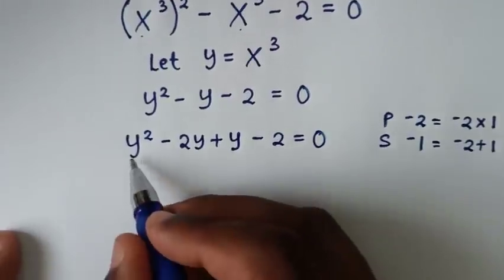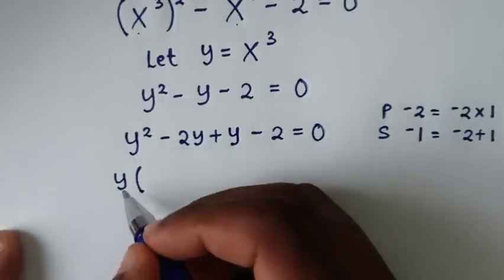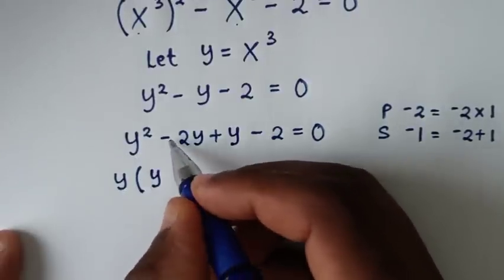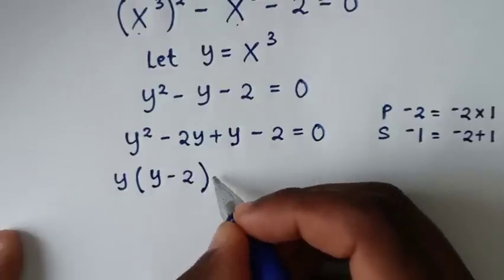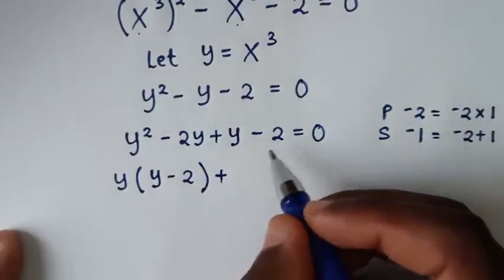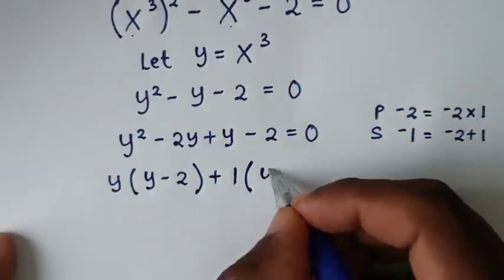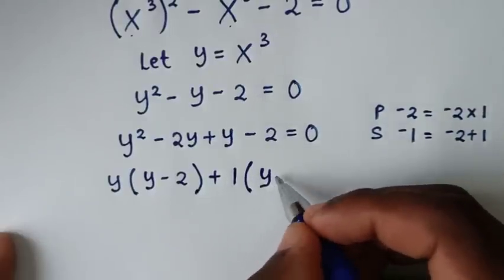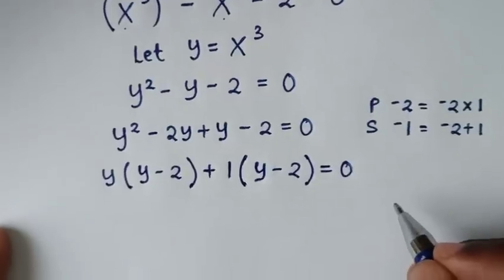Then in the next step, y is common, so we'll take y out of the bracket. y^2 divided by y is y. Negative 2y divided by y is negative 2, bracket. Then plus, here we'll take 1 out of the bracket. y divided by 1 is y. Negative 2 divided by 1 is negative 2, bracket, is equal to 0.